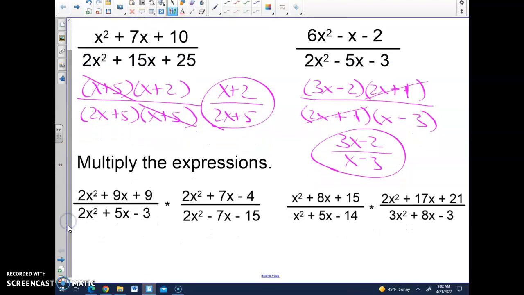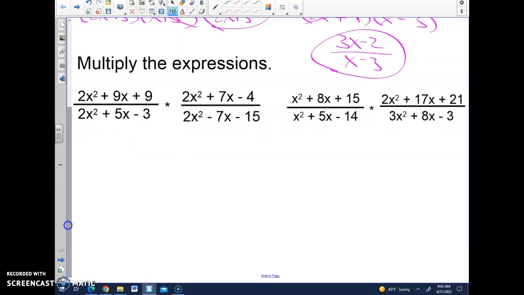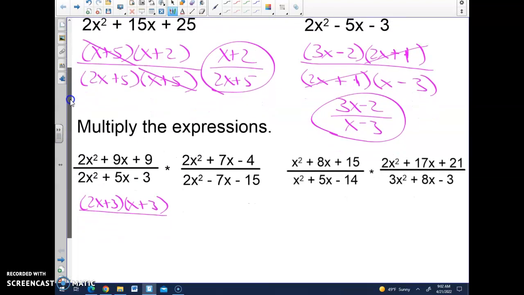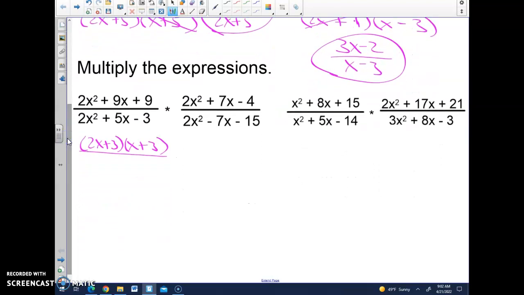Okay. With multiplication, it's the same except some extra factoring. 2x plus 3 times x plus 3 here. 2x squared plus 5x minus 3. I already did it, except for the fact that it's going to be a 2x minus 1 and an x plus 3.